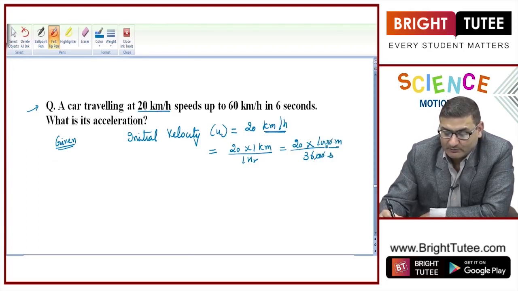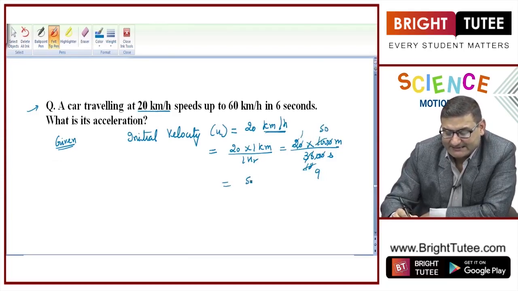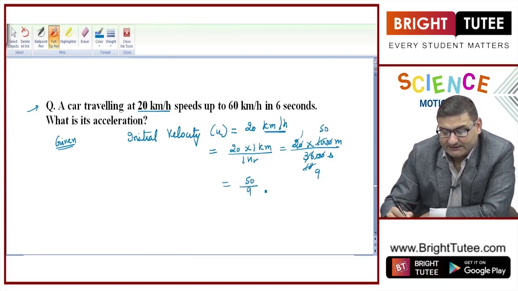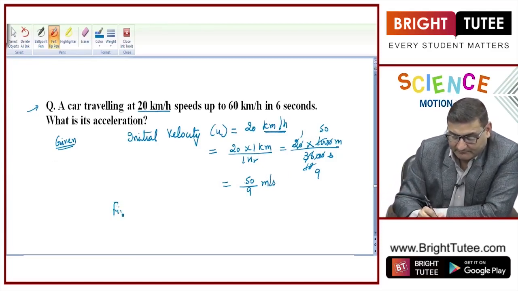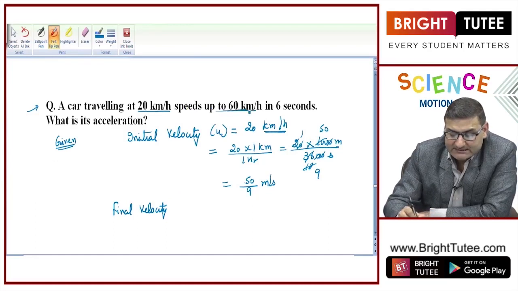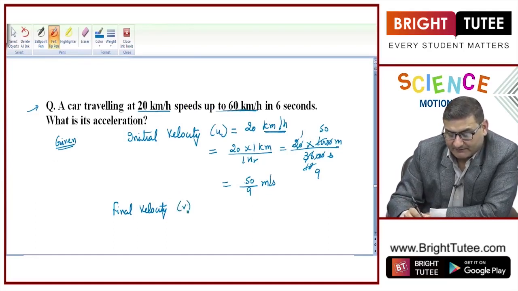Cancelling out the zeros, and cancelling it further, I get 50 by 9 meter per second. This is the initial velocity. Then the final velocity, because the car speeds up to 60 kilometers per hour.